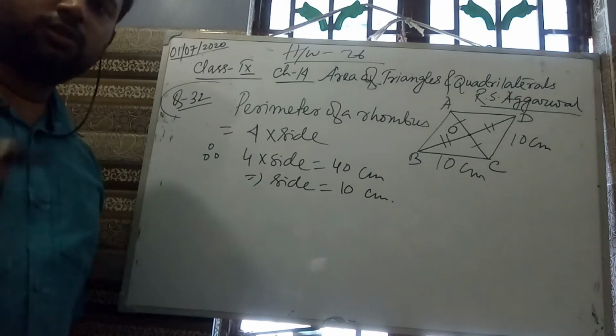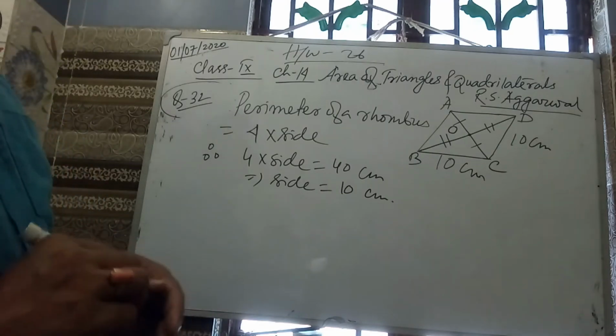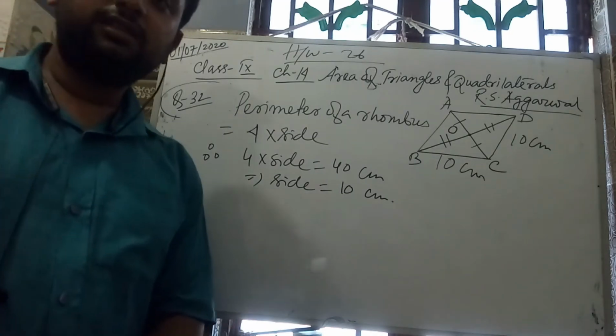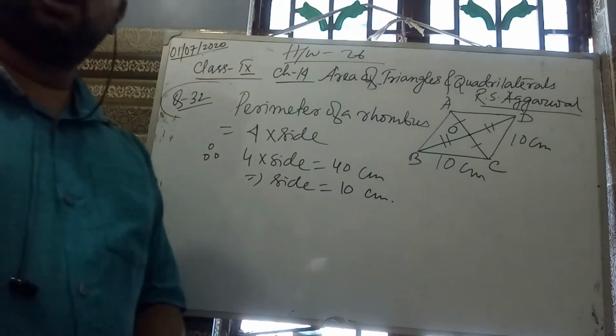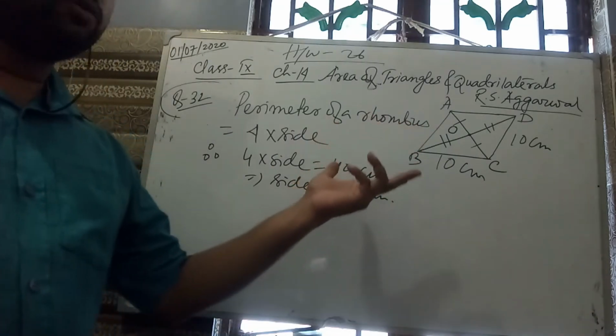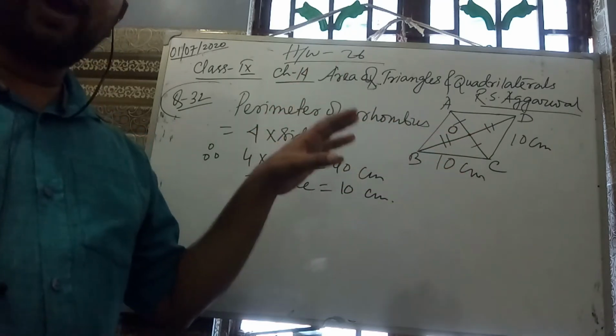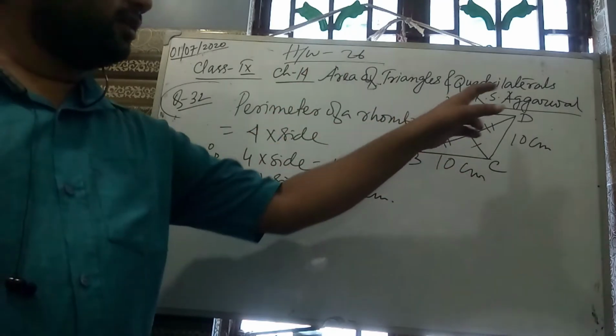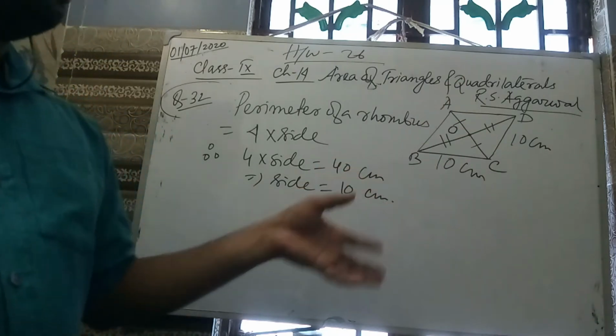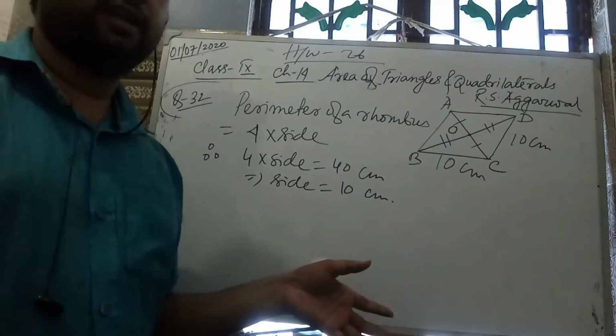Also there is a property for a rhombus that the diagonals are not equal. If the diagonals are equal in a rhombus, then the rhombus is said to be a square.